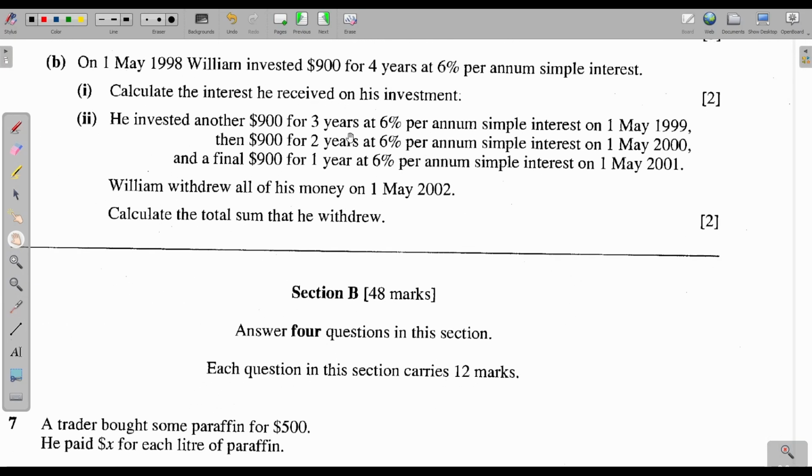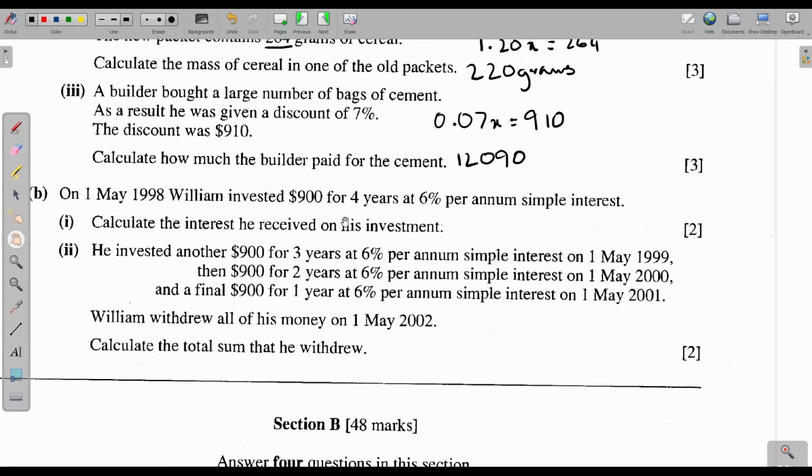So on the 1st of May, 1998, William invested $900 for 4 years at 6% per annum simple interest. Calculate the interest he received on his investment. So it's simple interest, which means the percentage is only applied on the first year, and you just add that percentage for every year.